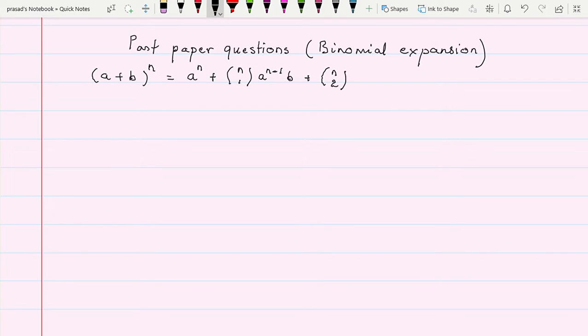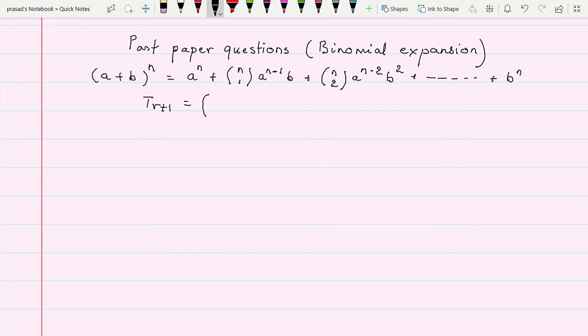Again, reduce its power by 1, increase b's power by 1, and like that you will continue up till b to power n. And even we have seen the r plus 1 term formula and we have solved the problems on that.